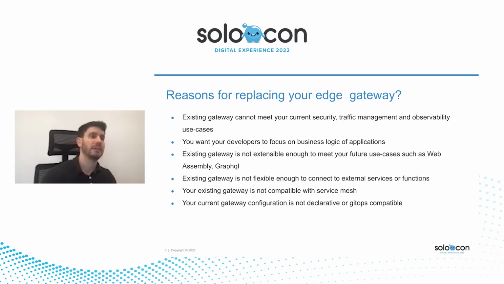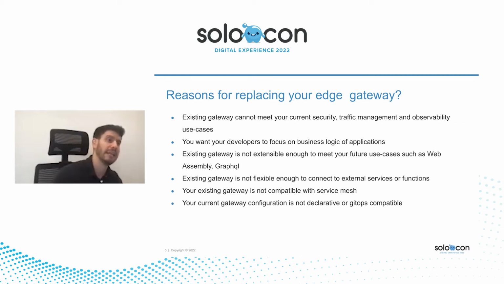It might be that implementing such features in your applications across different teams, different development languages and frameworks in your organization has become complex, and you want to abstract those functions from the business logic of your applications. Your organization might be planning on including new features like WebAssembly as part of your application delivery. Or you might be looking for leveraging GraphQL to provide a more efficient and scalable use of your APIs.